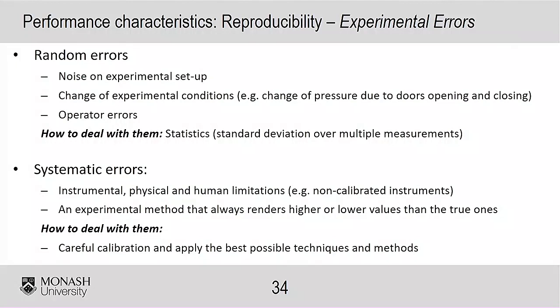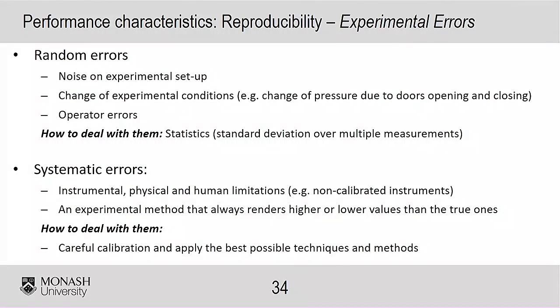Obviously, as the doors open and close, we have environmental changes that are going to change our sensor readings, and they're going to be kind of random errors. We can also have random operator errors. And the way we deal with them is just generally statistics. So if you take enough readings from enough sensors, you can look at the standard deviation over multiple measurements and hopefully get something that's statistically significant.